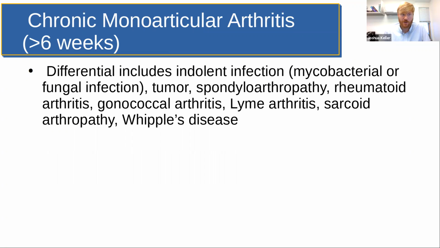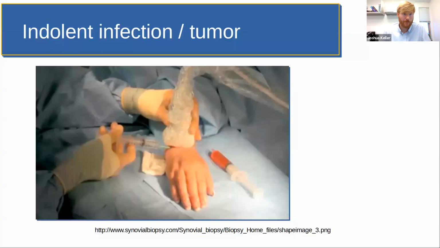While Lyme antibody tests can be negative early in the disease course, arthritis is a late manifestation, so it should be positive. We can often send patients to IR or orthopedic surgery, but IR can do the ultrasound-guided synovial biopsy on certain joints, which is kind of nice.